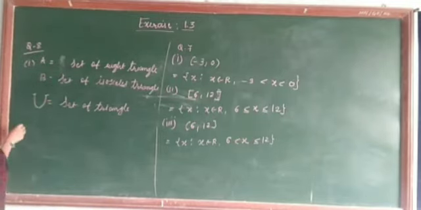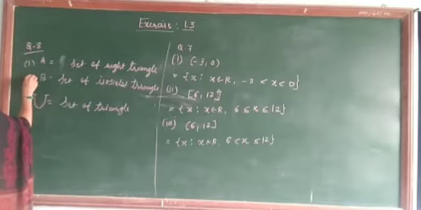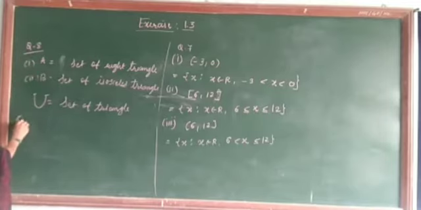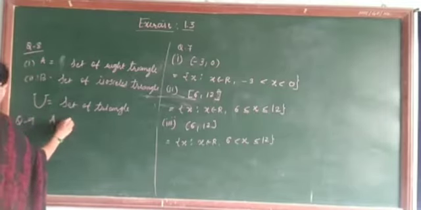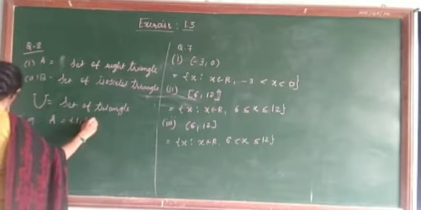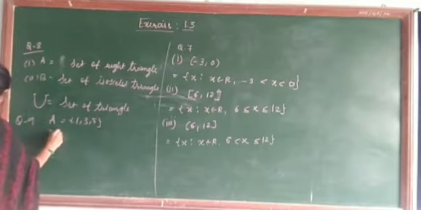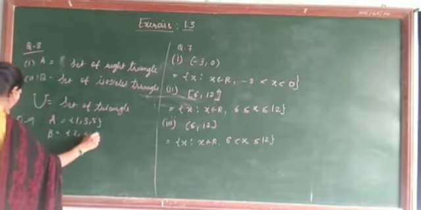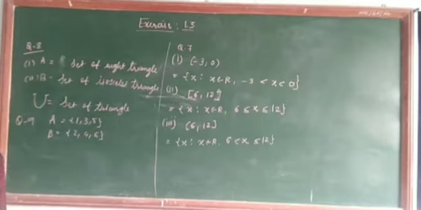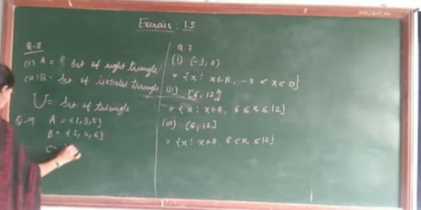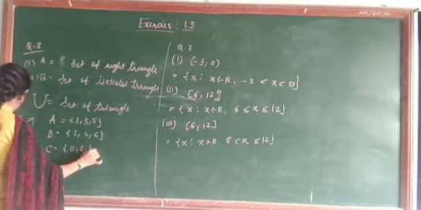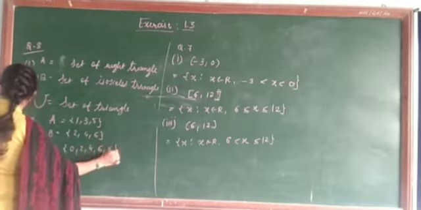Now question number 9. A is equal to 1, 3 and 5, B is equal to 2, 4 and 6, and C is equal to 0, 2, 4, 6 and 8.